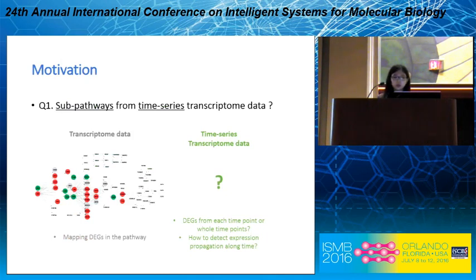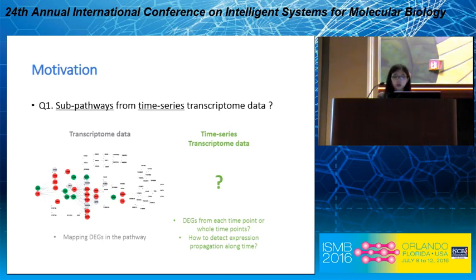If it is general transcriptome data, it can be done by mapping DEGs, differentially expressed genes, in the pathway by comparing control and treatment samples. But in time series transcriptome data, it is hard to define DEGs because they can be detected at each time point or considering all time points.